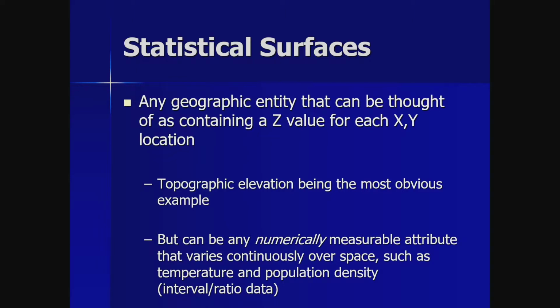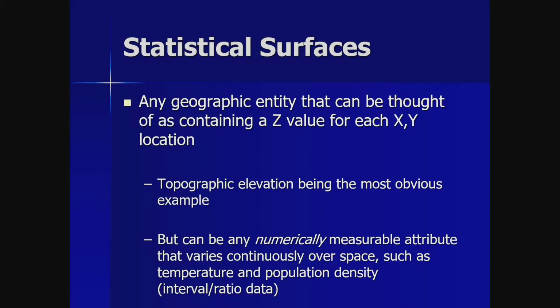So, like I said, we're talking about these things, these surfaces that exist in nature, or they're virtual surfaces, but we can think of them as a continuous surface. It's a good candidate for interpolation if it exists everywhere, but we only have observations at certain XY locations.